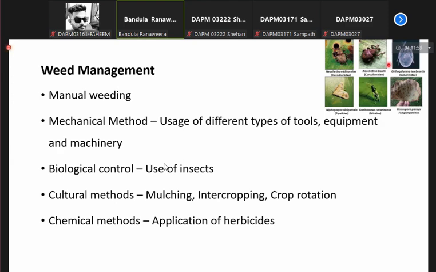That is why I put it there. So these are some examples. So 2 types of Neochetina bruchi, 2 species. Then this is one of the success stories in our country.